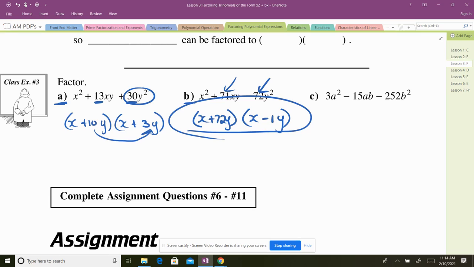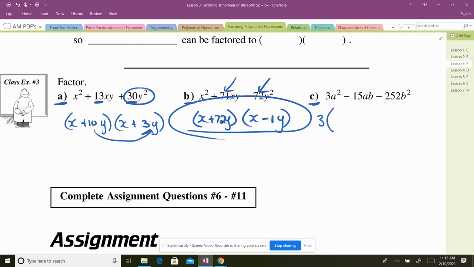All right, C. We have a leading number that is not 1. So what do we need to do? So you pull out the 3. What is left on the inside here?